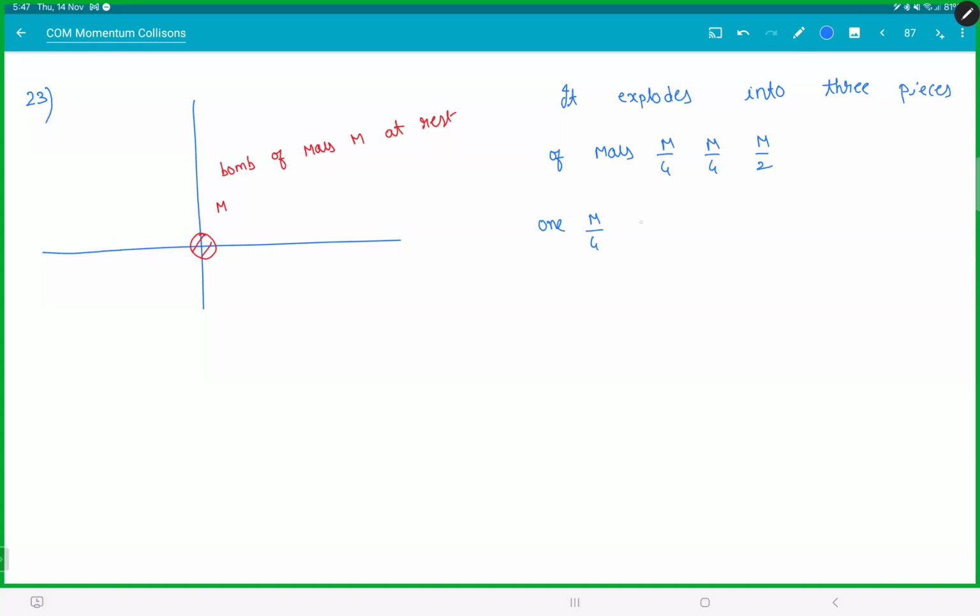So one m by 4 moves along x-axis. Another m by 4 moves along y-axis. Find velocity of m by 2 and the total energy released.